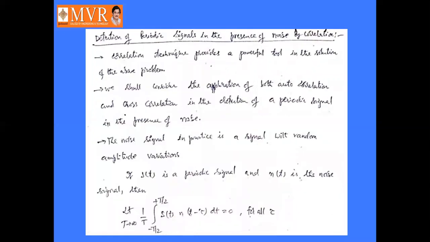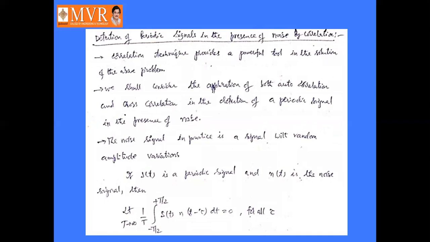Now we'll see the detection of periodic signals in the presence of noise by correlation. How to detect a periodic signal even though noise is present? This is one of the techniques, what we call the correlation technique. The correlation technique provides a powerful tool in the solution of the above problem.